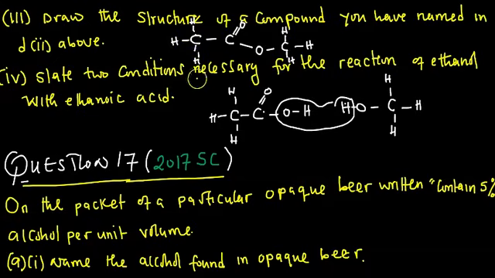This is ethanoic acid reacting with what? Ethanol. Ethanol is supposed to have another carbon here, because ethanol is written as C2H5OH. So it's supposed to have another carbon here, like this.